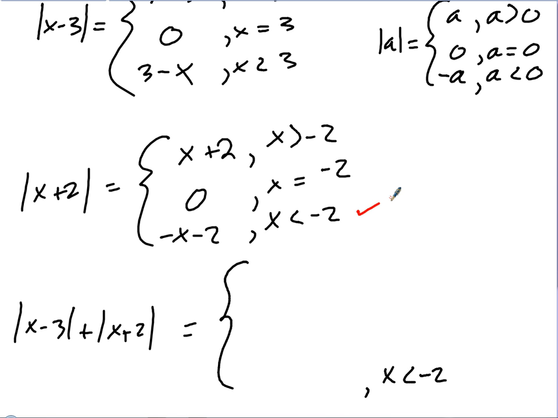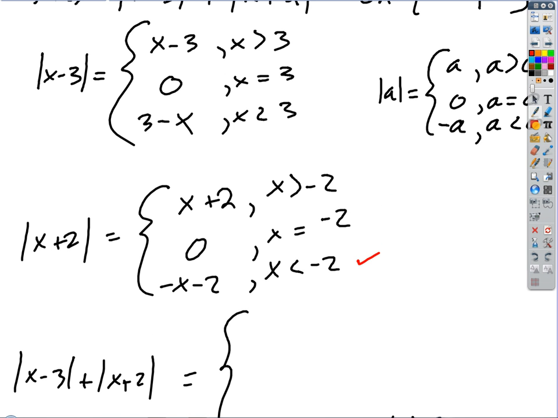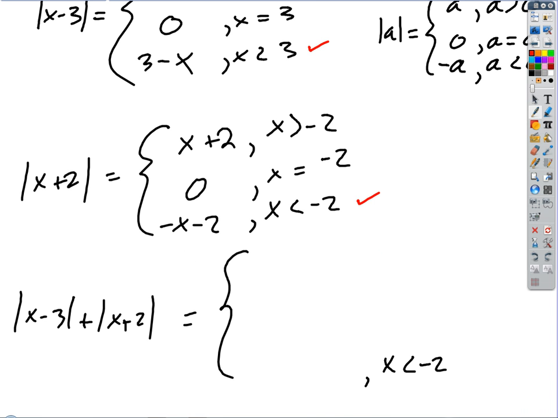What about the top function? When x is less than negative 2, it's clearly less than 3, right? Does that make sense? So we're going to be here and here when x is less than negative 2.